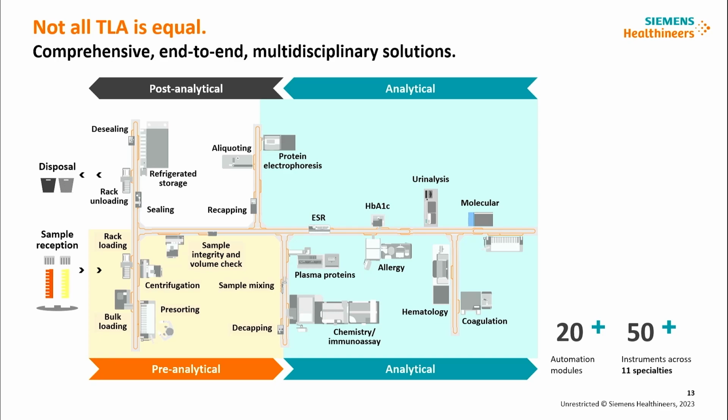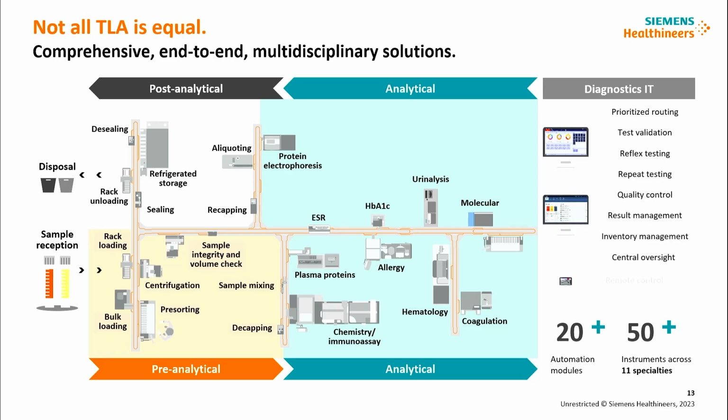All these modules and analyzers connected to the track are the muscles of our automation. And everything is managed with the brain, our intelligent diagnostic IT. We have a full portfolio of diagnostic IT, ADM, APM, AIM, that control the automation, and we consider them as the brain of our automation.